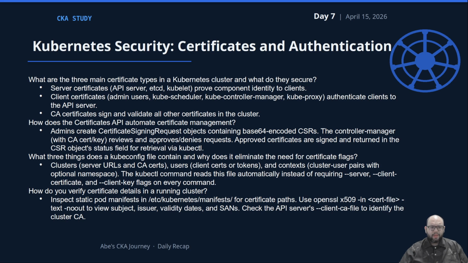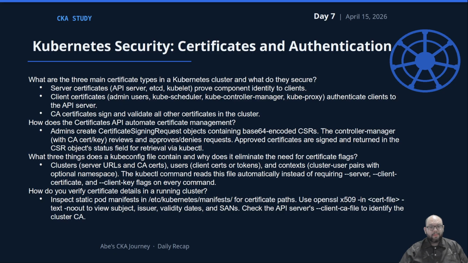Now, what three things does a kubeconfig file contain, and why does it eliminate the need for certificate flags? So this is, to put it in different words, when you're using kubectl, you can pass in additional CLI arguments like server, client certificates, and so forth. Now, to avoid that, you can use what's called a kubeconfig file, and in the kubeconfig file, you can specify clusters, which are the server URLs and CA certs, users, cluster certs or tokens, and contexts, cluster-user pairs with an optional namespace.